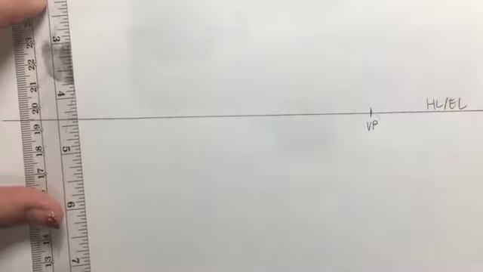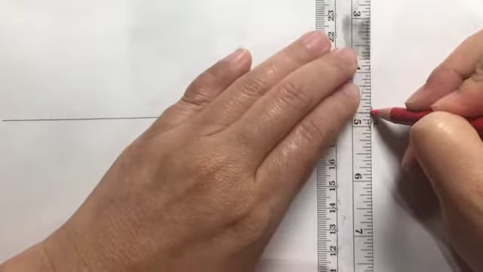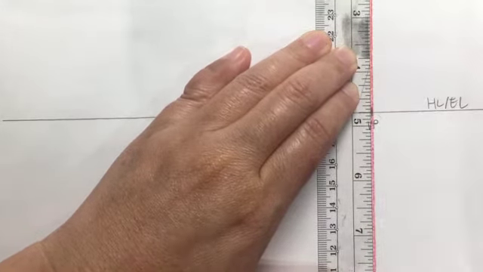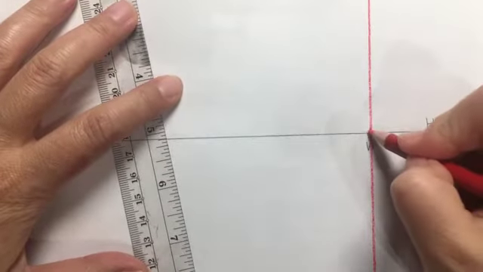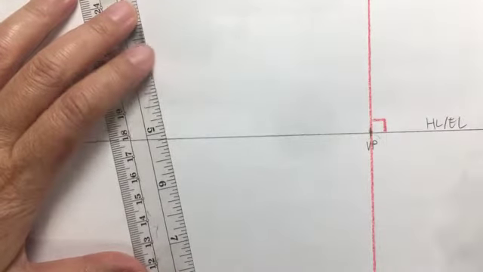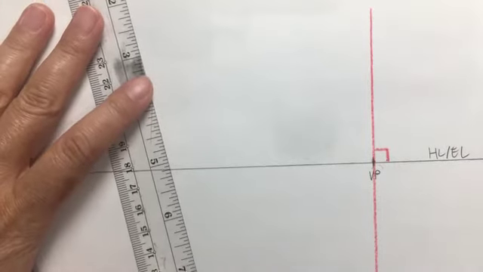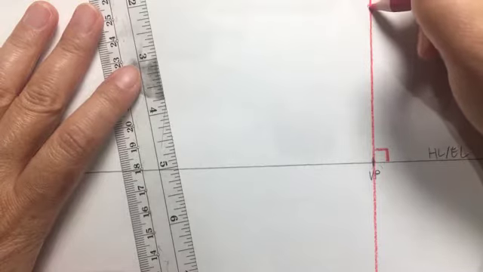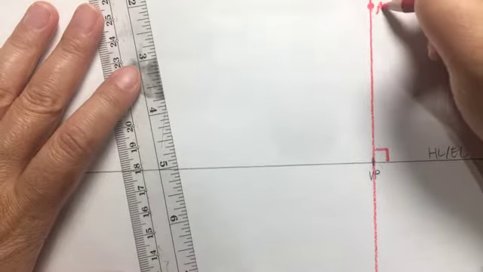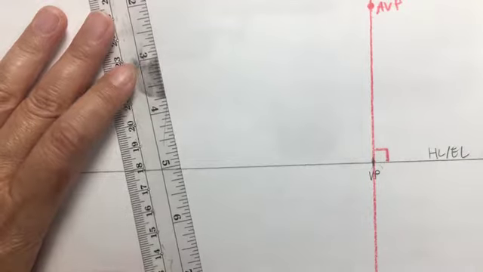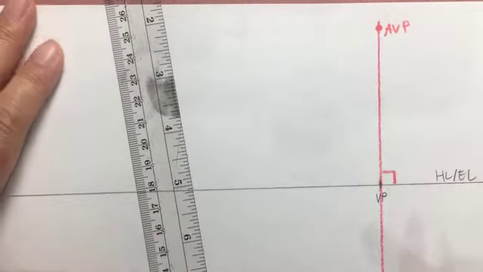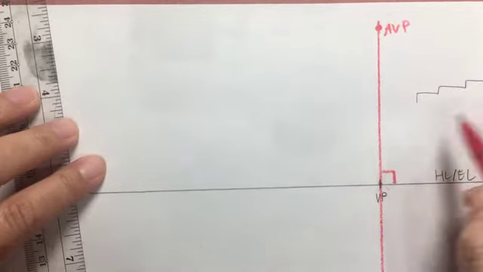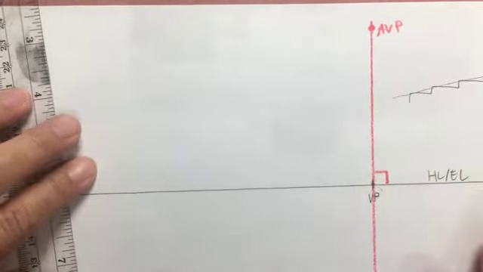I have a vanishing point, and remember you have to establish these vertical lines, right? Okay, that's going through the vanishing point at the 90-degree angle. All right, I recommend to put the AVP a little higher because these are shallow stairs, right?